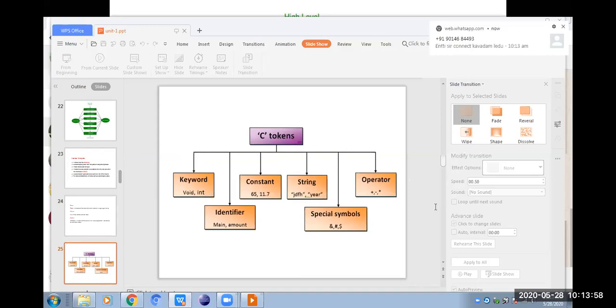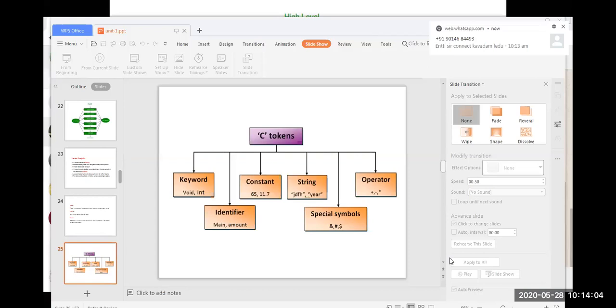Clear? Keywords, identifiers, constants, strings, special symbols, as well as operators.